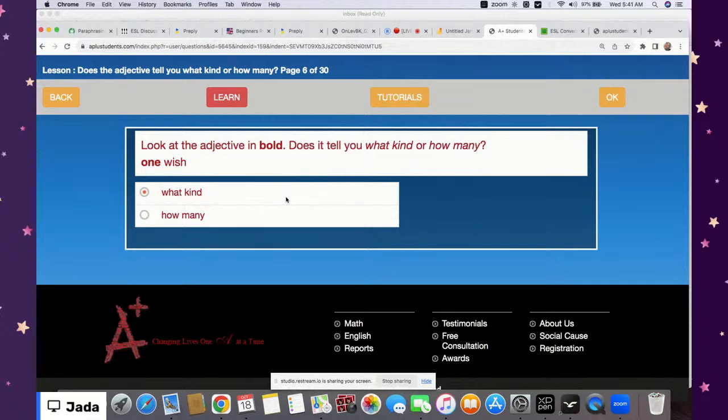Do you see a small dog or a big dog? For what kind you say, oh, I see a small dog. And for how many, how many dogs do you see? I see three dogs. Because how many deals with the numbers. For how many you have to count. One, two, three, four, five. Yes, for how many. But for what kind, you're going to tell us what you can see. Do you see big or small? That is it for what kind.